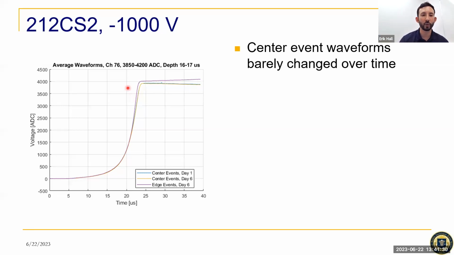Since the waveform is rising a little bit faster and a little bit higher than the center events, it implies that something at the edge of the pixel is detrapping more electrons as the cloud travels towards the anode.